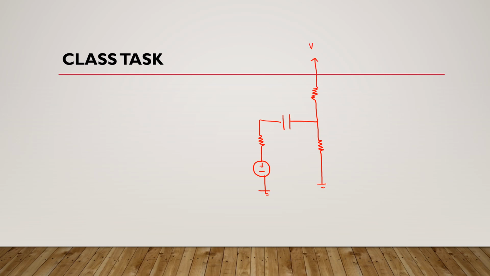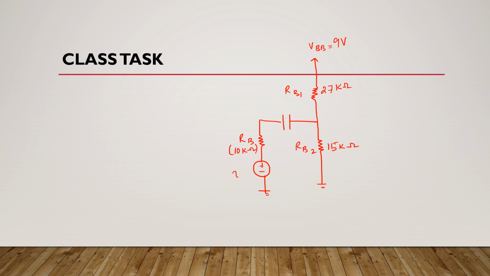Here we have VBB, which is 9 volts. This is RB1, which is 27 kilo ohms. This is RB2, which is 15 kilo ohms. This is RB, which is 10 kilo ohms.